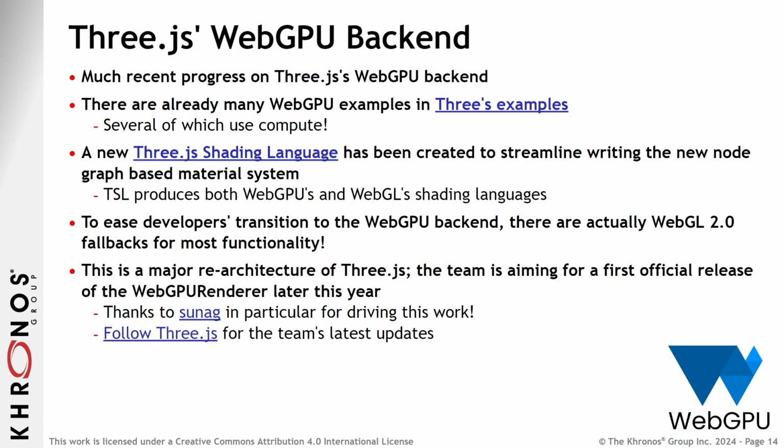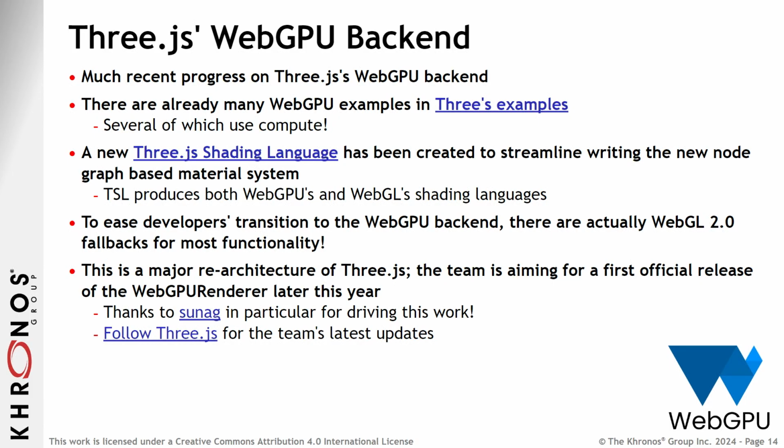And so we've been encouraging and helping guide contribution efforts here to make sure that it evolves and has solid WebGPU support. So there's a new Three.js shading language going along with this new WebGPU renderer, because all the materials used to be written in GLSL, and that doesn't really work for bringing stuff forward to WebGPU.